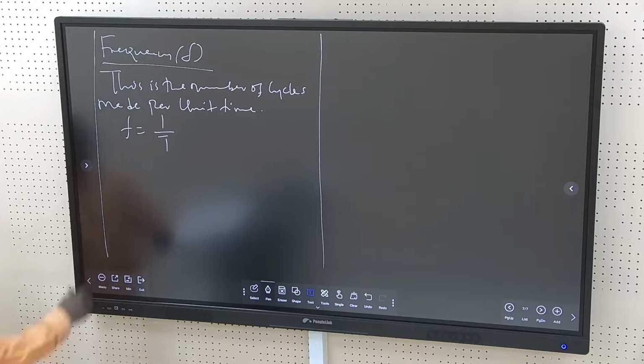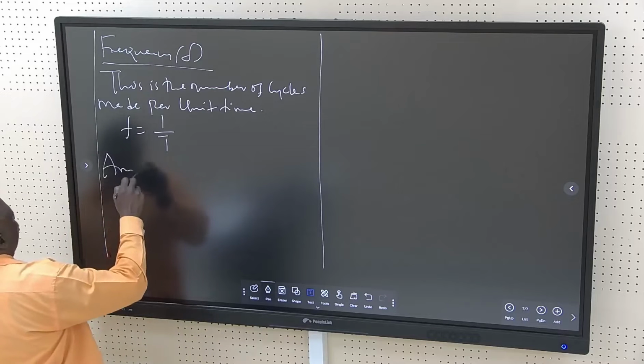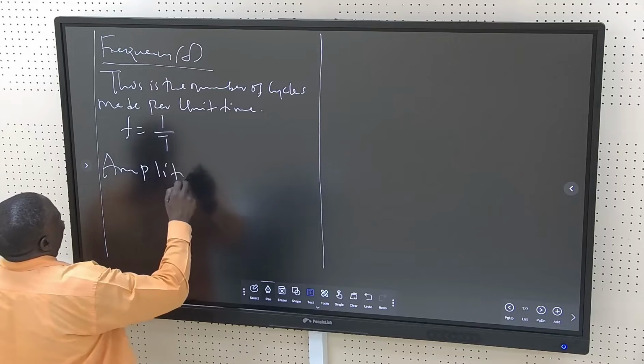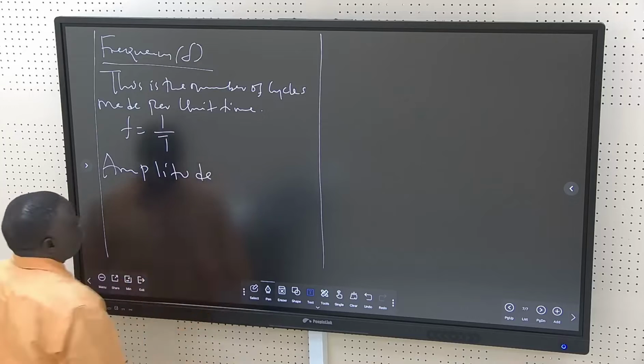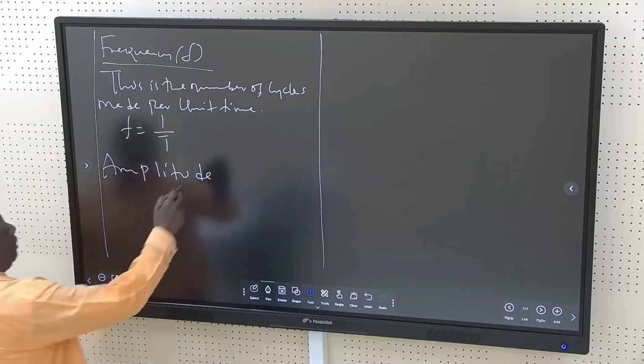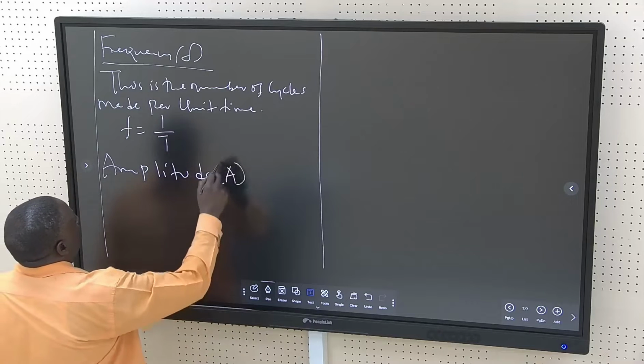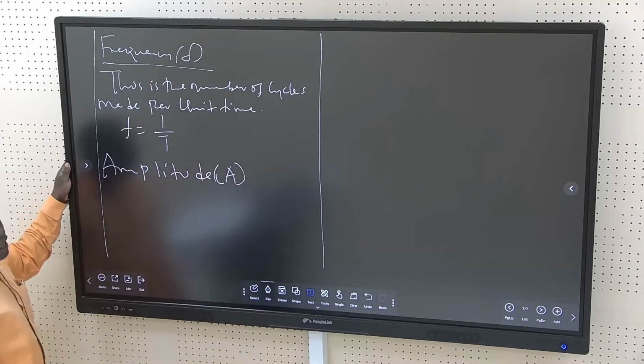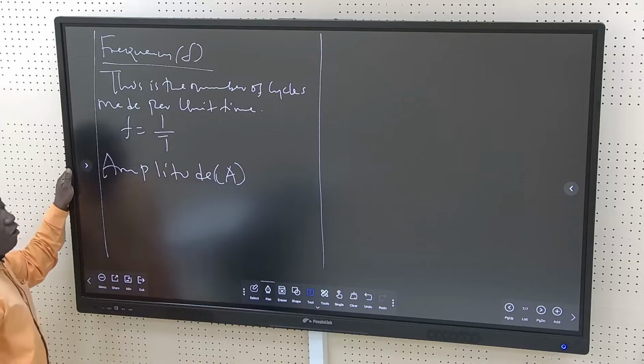Another term is amplitude, given by a capital letter A. This is the vertical height of a wave.